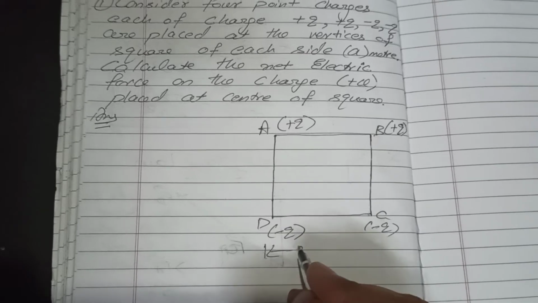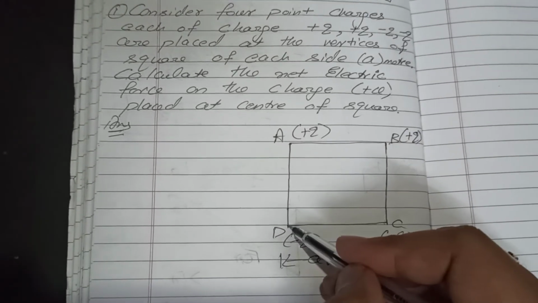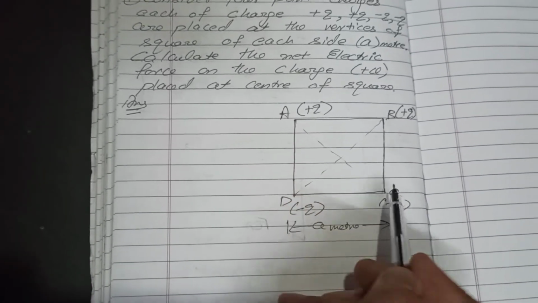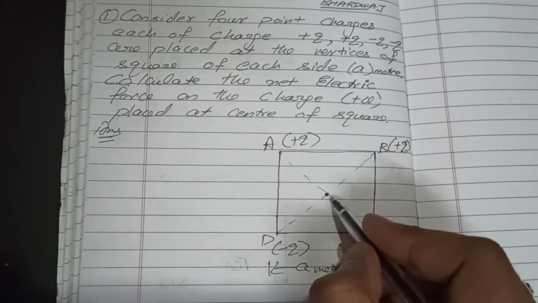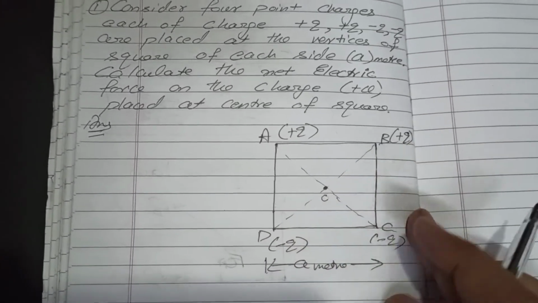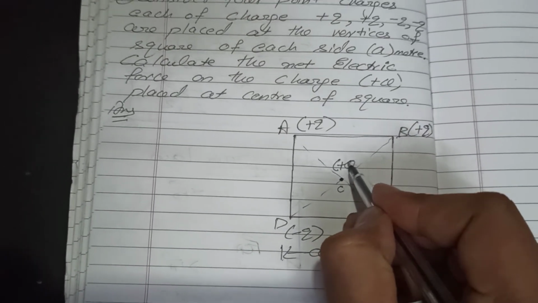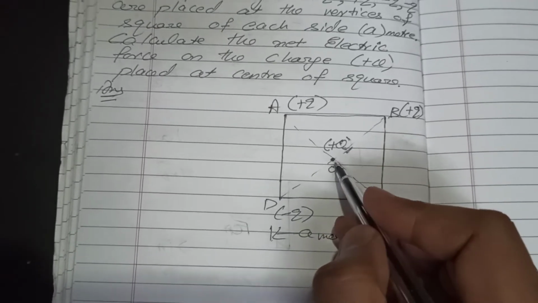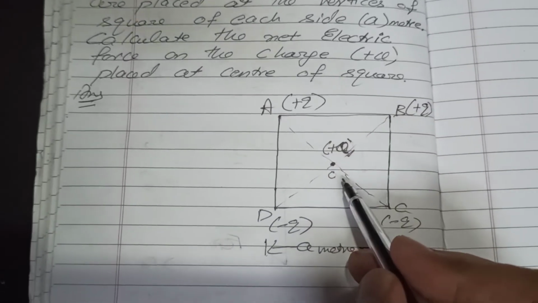The side of the square is a meter. Inside the square we have the diagonals, and the meeting point of the diagonals is the center of the square. We consider this point as O, and here capital plus Q charge is placed, and we have to find the net electric force on this charge plus Q.